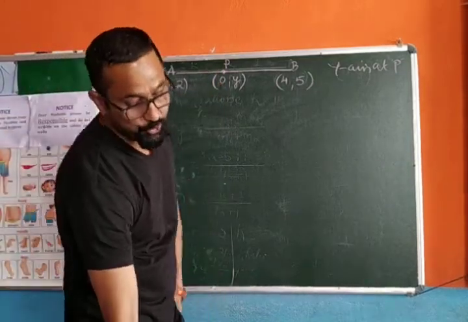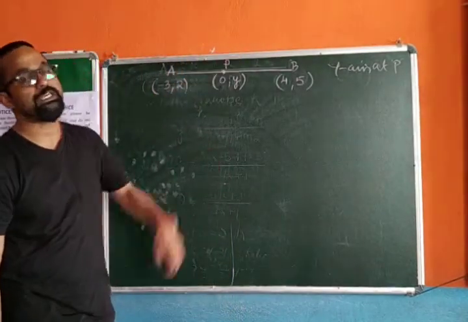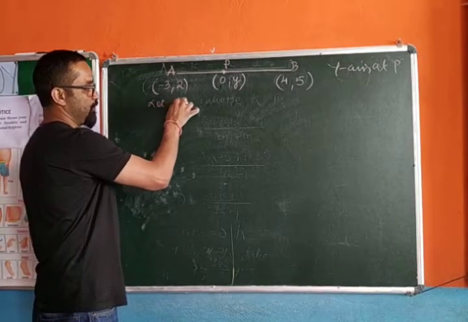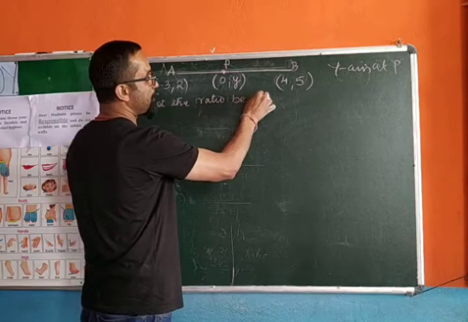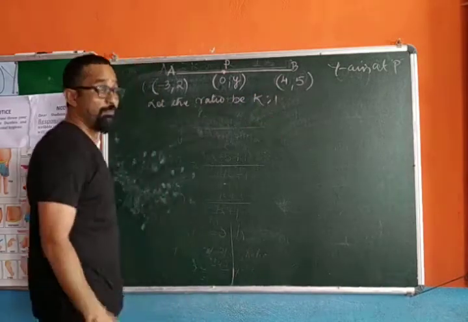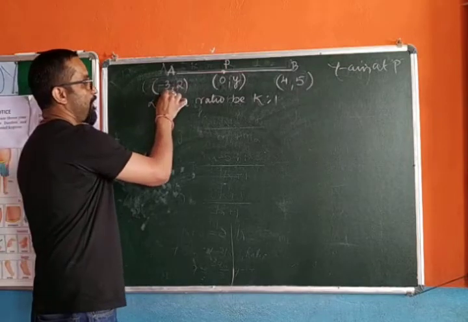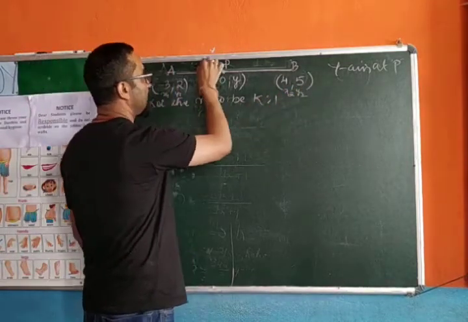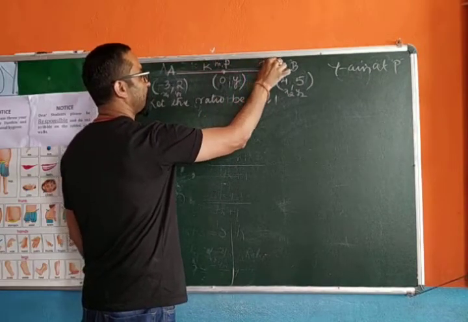Find the ratio and hence calculate the coordinate of P. Let the ratio be k is to 1. Much easier way of calculation. x1, y1, x2, y2, m1, m2.